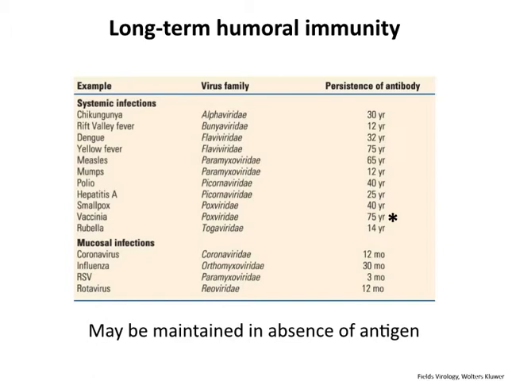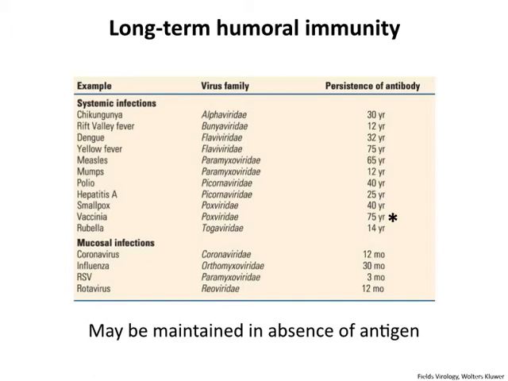And as far as this study was done in people who only had one experience with infection and no other. Now look at the bottom here. This is really important. These are antibodies at mucosal surfaces against viruses that infect those areas: coronas, influenza, respiratory syncytial, rotavirus, the gut mucosa. Look how short the duration of antibody is.